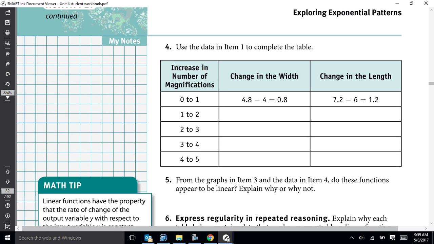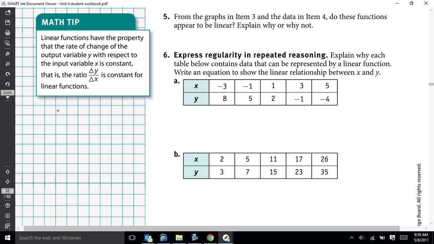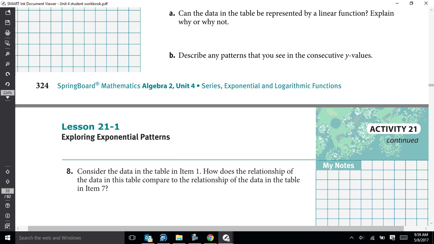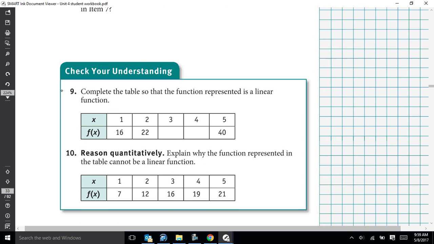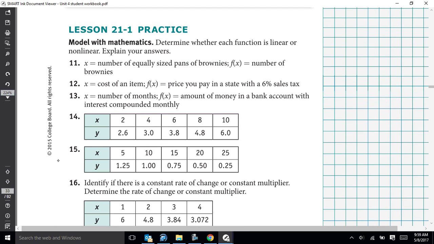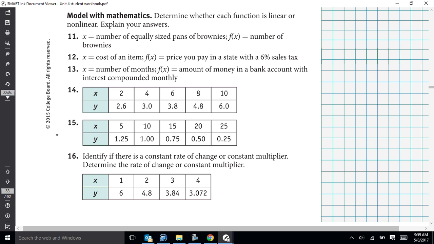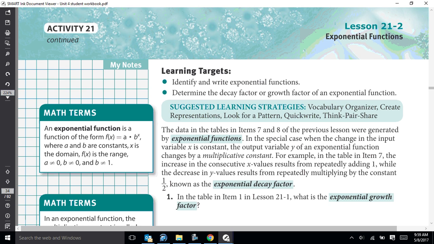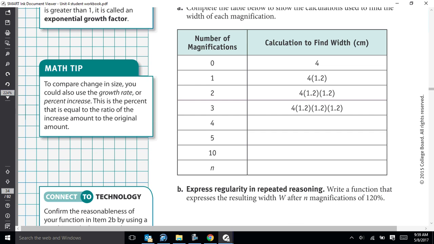So here we can do one. All right, so here we have our first term, and then each time, what did we multiply by?